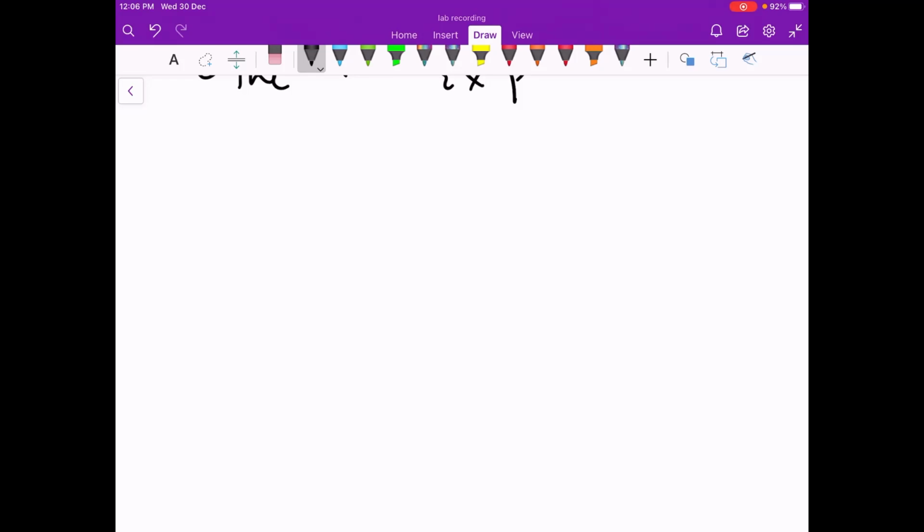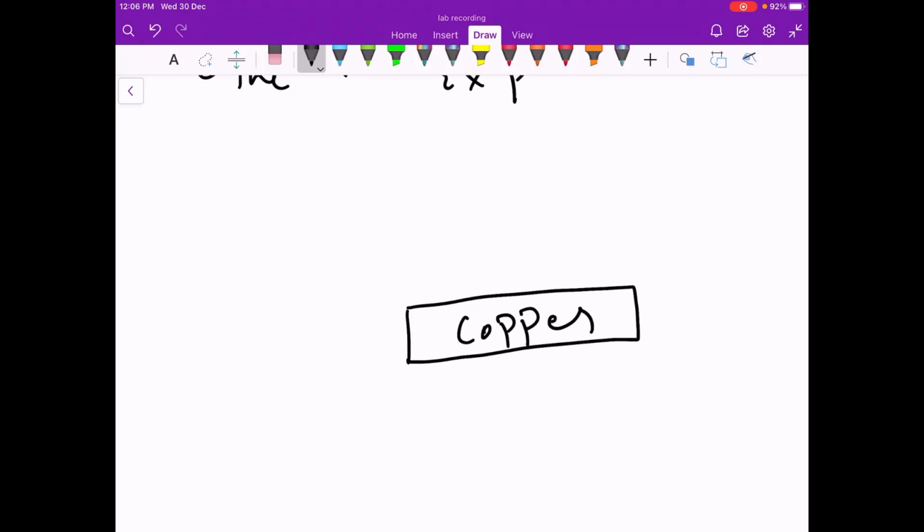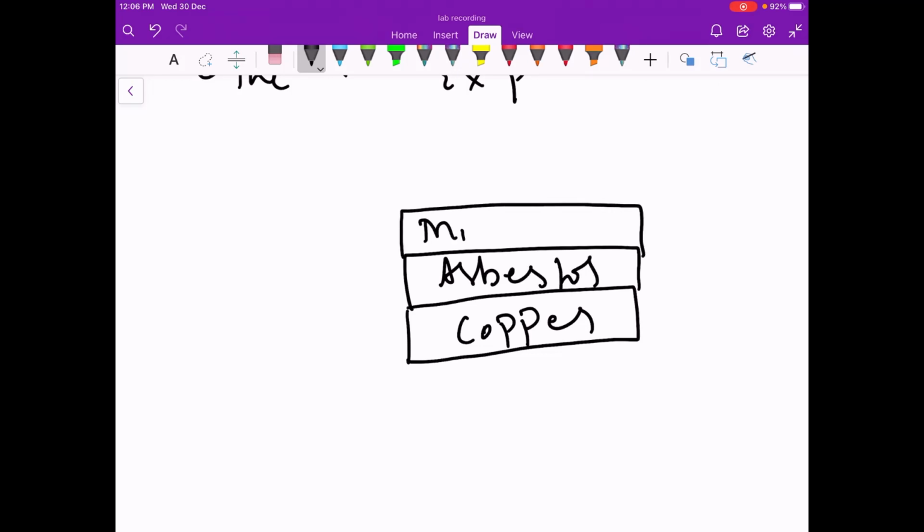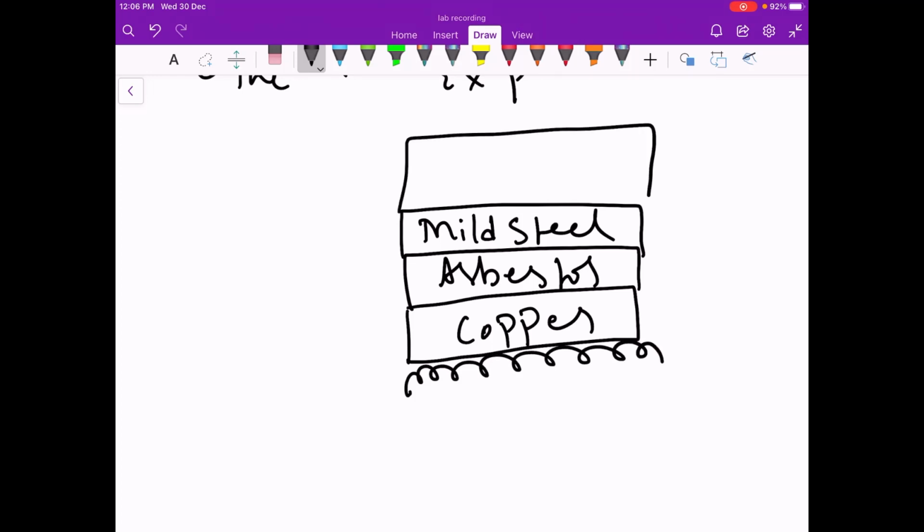Now how actually the experimental setup is: in the bottom you have copper, in the middle you have asbestos, and on the top you have mild steel. Now you have a heater which is attached to the copper, and you have a water jacket which is filled over the top of the setup.